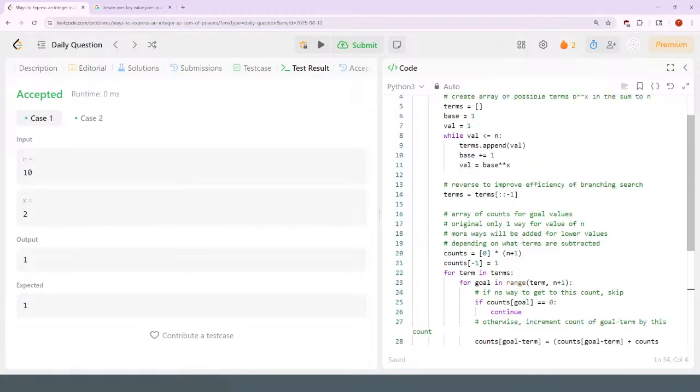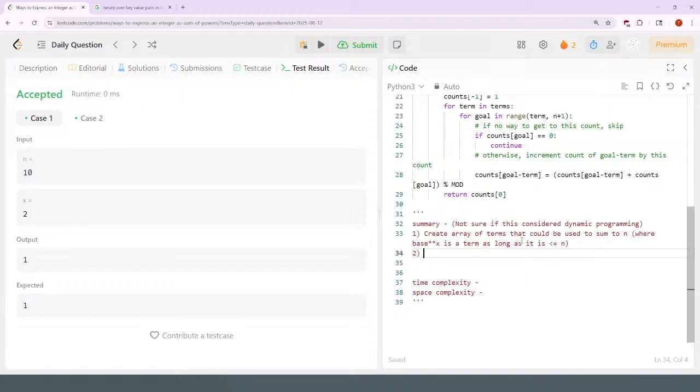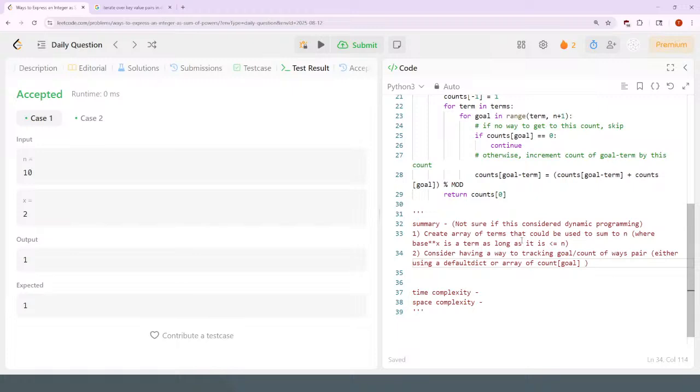From there, consider basically having a way of tracking goal and count of ways pairs, either using a default dictionary like I initially used, or an array of counts of the goal, where array of goal equals the count.